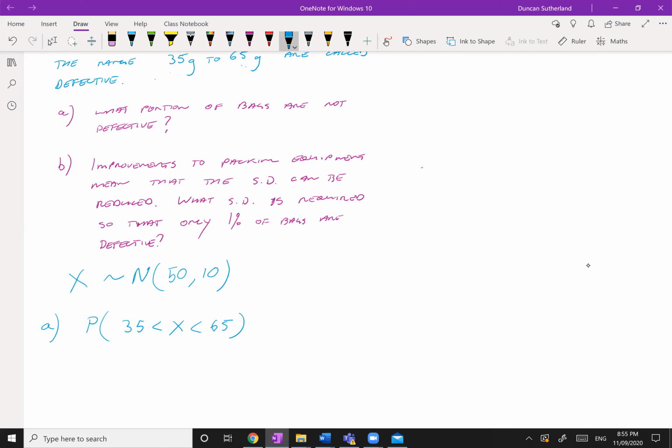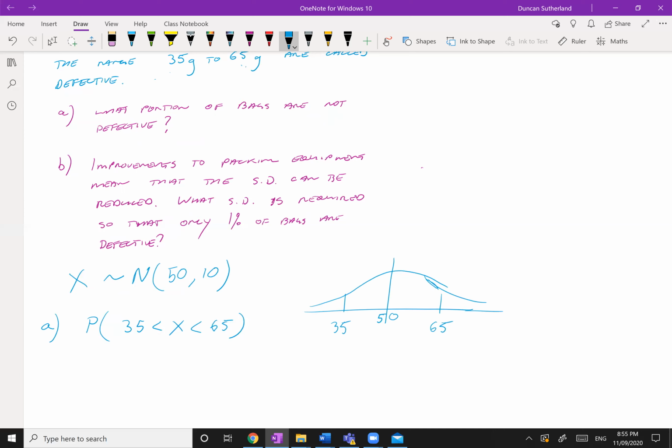Okay, so that's the probability that we're after. So we firstly look at our normal distribution that's centered around 50. We got 35 here. We got 65 here.